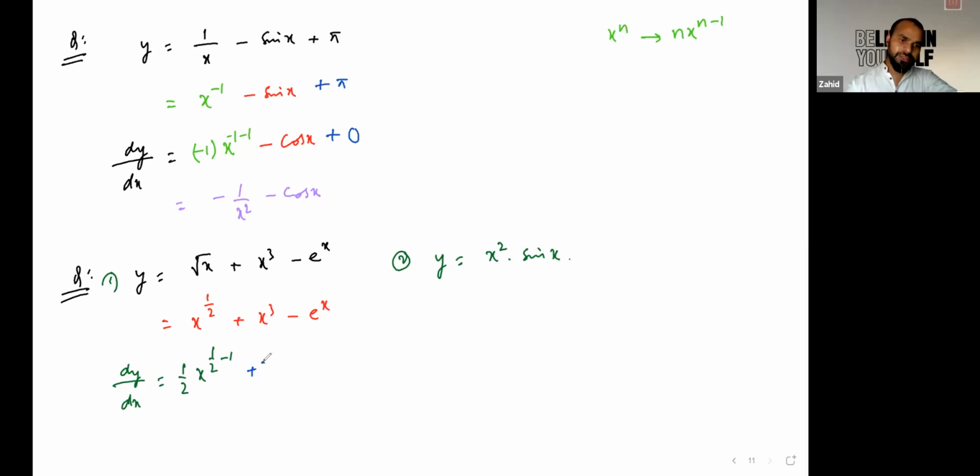So bring the exponent 3 to the coefficient and reduce the exponent by 1. Similarly, for the third part, we have e raised to the power x. There is no change in the differentiation of the exponential function, so it will remain e raised to the power x. Now simplify this particular part, and you would obtain the required result.